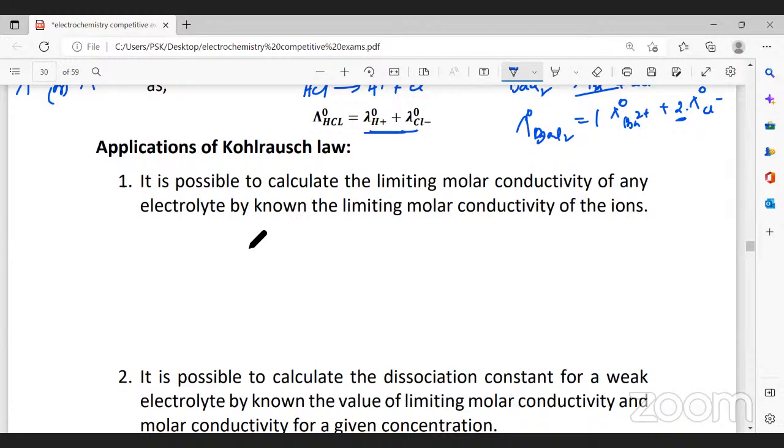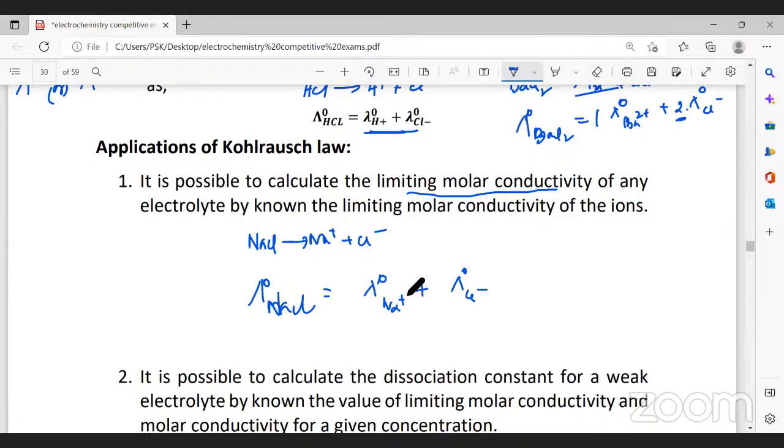For an example, it is very simple. If I take NaCl, it will dissociate to form Na plus and Cl minus. What is lambda naught of NaCl? Lambda naught is nothing but the limiting molar conductivity of an electrolyte. That will be equal to lambda naught of Na plus plus lambda naught of Cl minus.